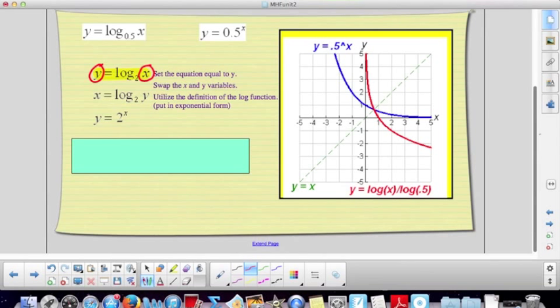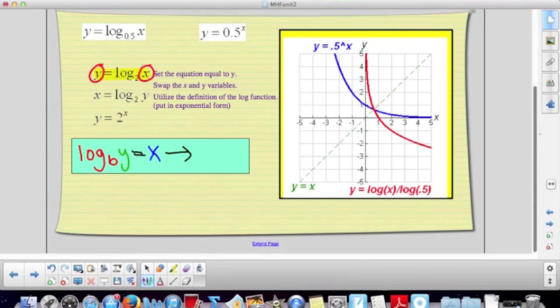So I know if something is in the form log base b of y is equal to x, that is going to translate to b to the power of x is going to be equal to y.